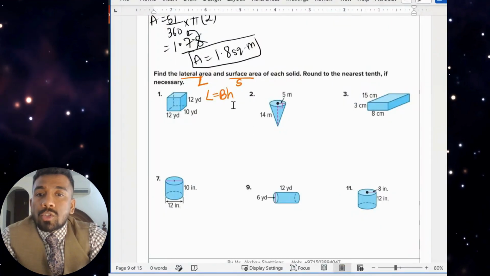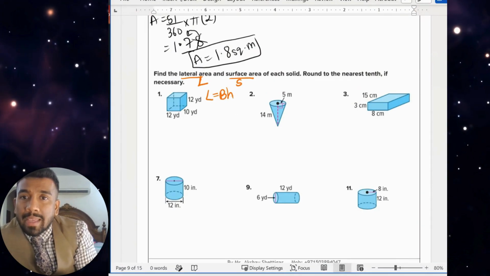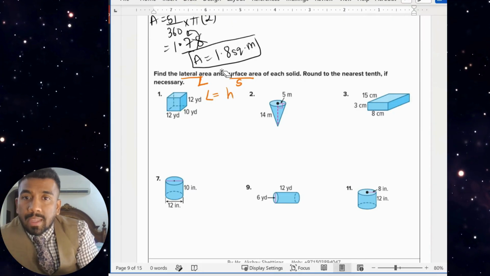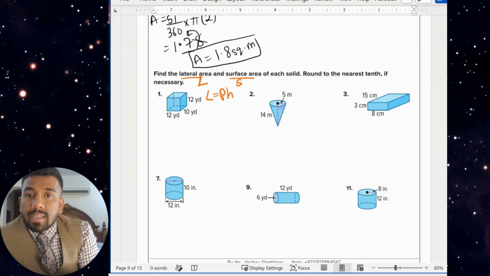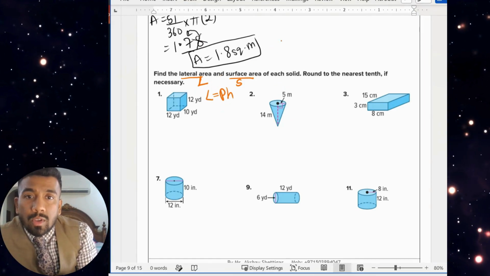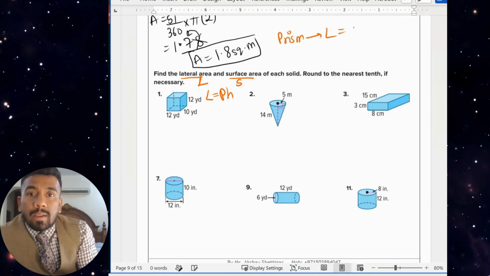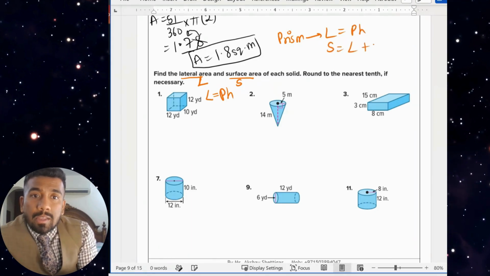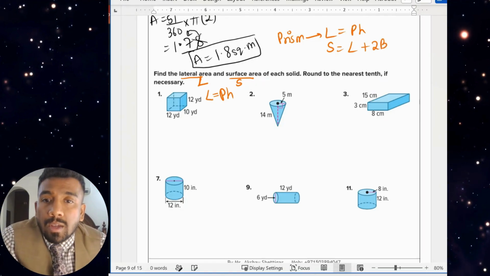Sorry, it's not BH, it's PH. So it's not B, it's P. So the lateral area is L equals PH. This is for a prism. I'll write it down over here. For a prism, the lateral area is PH, and the surface area is L plus 2B.